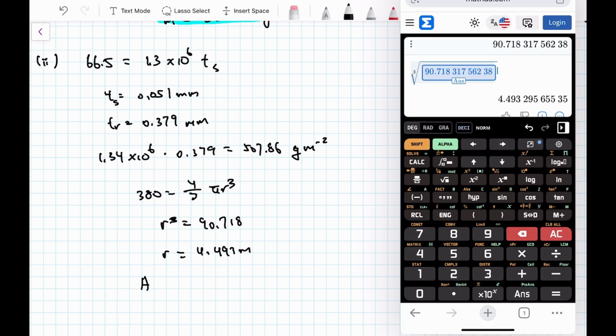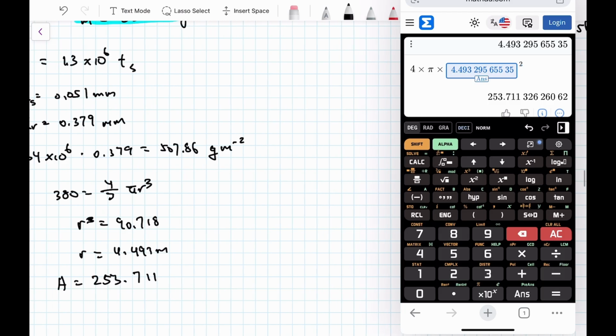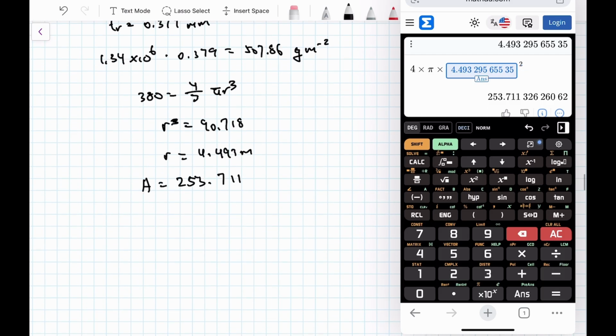So therefore the total area should be equal to 4 times pi times r squared, which is 253.711.